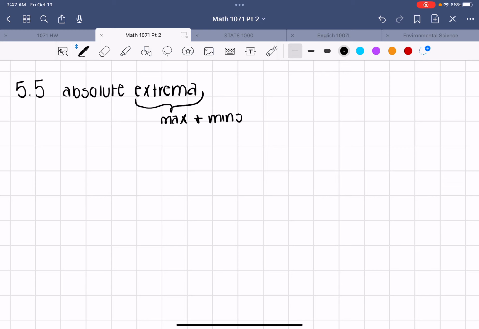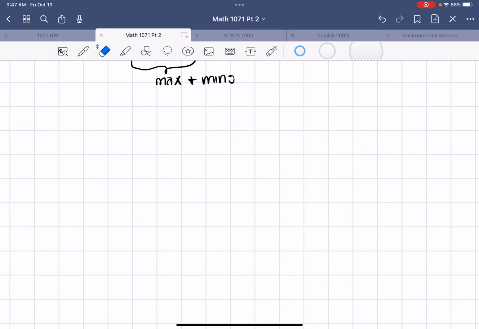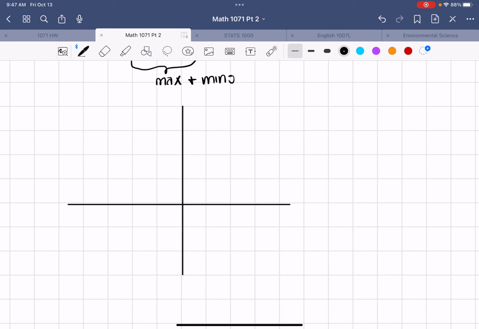But it's not absolute, because over here, these y coordinates are just getting bigger and bigger and bigger. And here was a relative minimum, minimum because its y coordinate is smaller than its neighbors. But there is no absolute minimum on this graph because it just keeps on going downward.